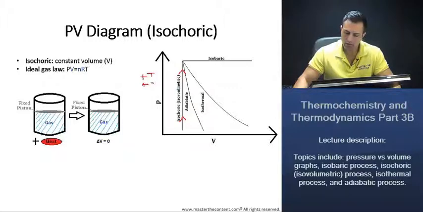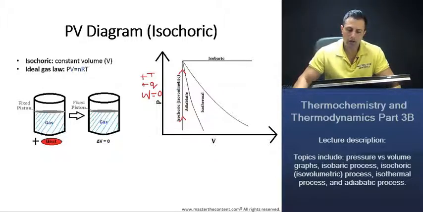Another way we can say this is an increase in heat. Furthermore, earlier we said that work is the area under a graph. In isochoric processes, there is no work being done. As we see here, there's no area under the graph. So we know that work will equal 0.